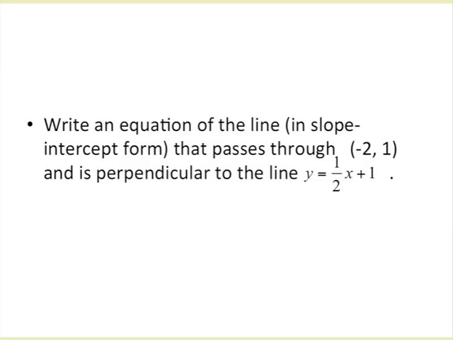Write an equation of a line. So again, y equals mx plus b. That passes through, you see the word through, that's giving us our x and y, and is perpendicular to. What does perpendicular mean about slopes? Opposite and reciprocal.